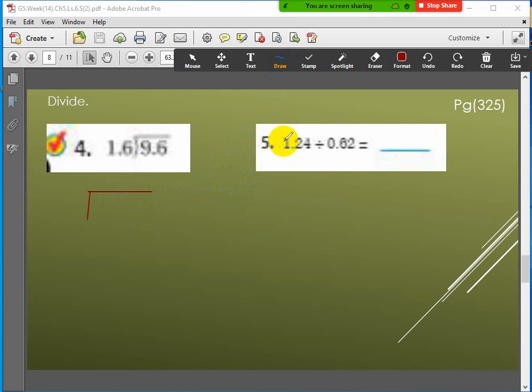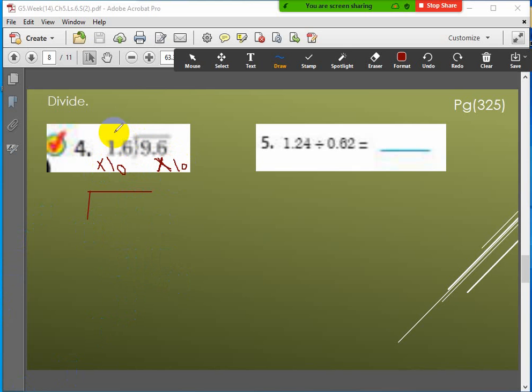Let's do the first one for you, then I will ask you to help me divide the numbers. Yes, 10, very good. The first power of 10, that means I will multiply the divisor by 10, and the dividend also I will multiply by 10.